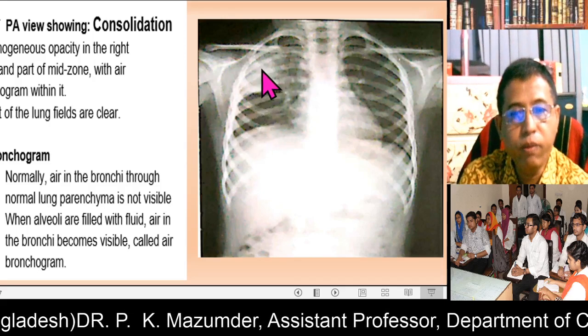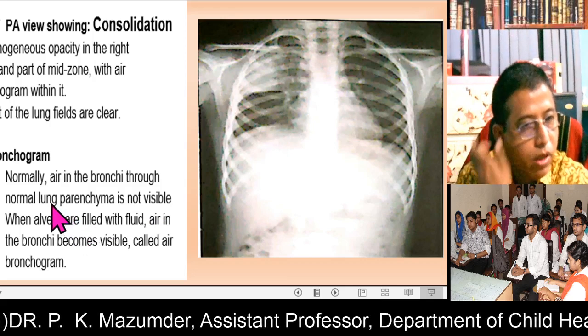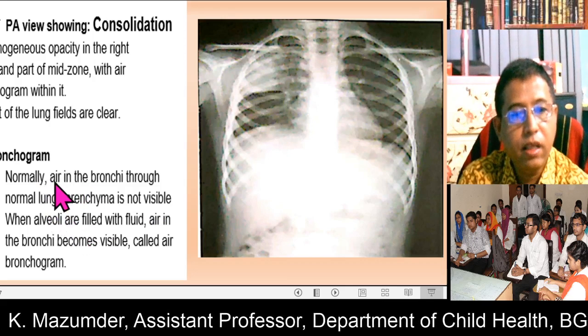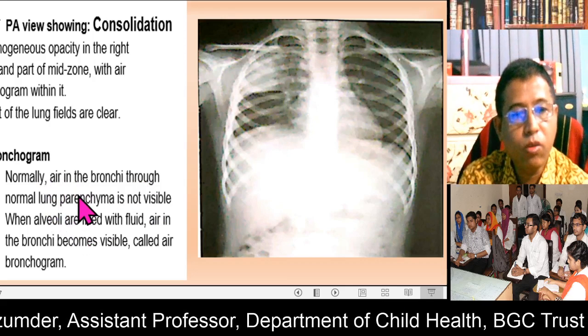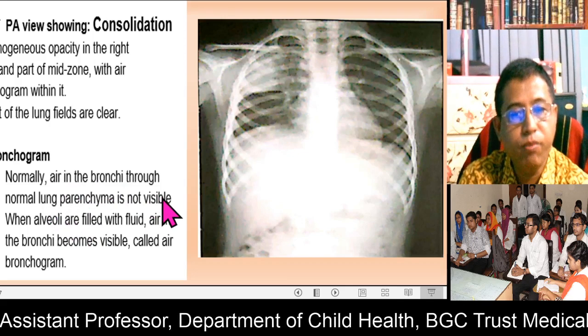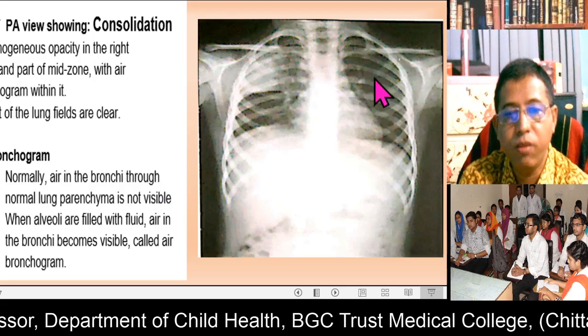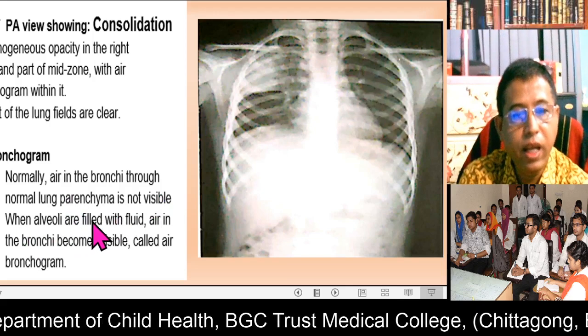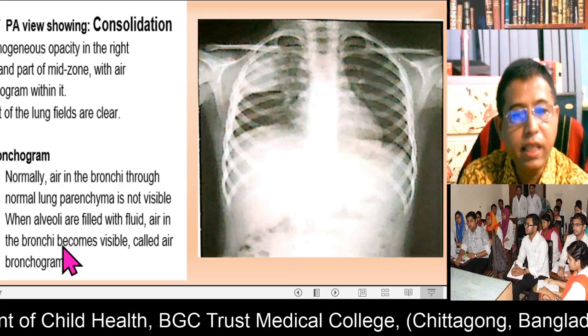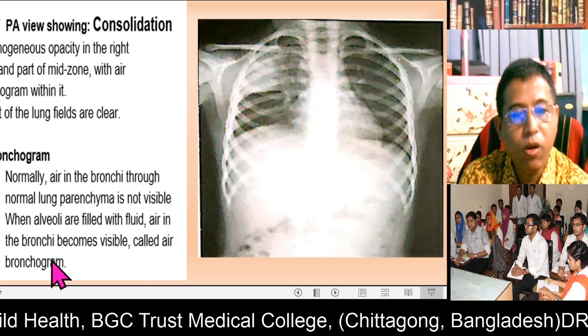And what do you mean by air bronchogram? Normally, air in the bronchi through the normal lung parenchyma is not visible. When the parenchyma is normal, the air bronchogram is not visible. When alveoli are filled with fluid, air in the bronchi becomes visible, called the air bronchogram.